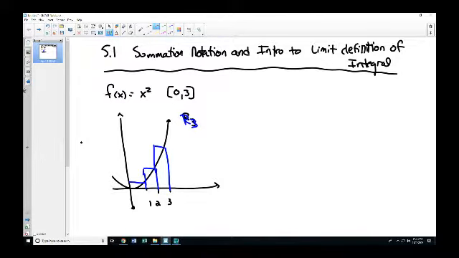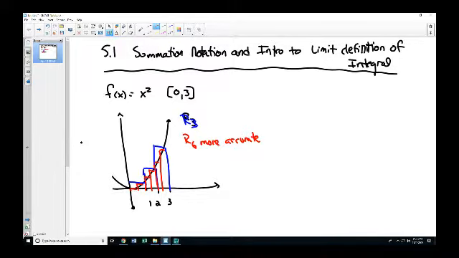No, I mean keep a right Riemann sum. How can we make that more accurate? Add more intervals. So let's say, right?